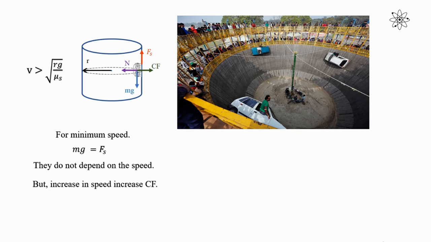But an increase in speed increases centrifugal force. Why only centrifugal force? Because the normal reaction has a fixed value. Only centrifugal force depends upon the speed. It can take any variable value depending upon the speed. Due to the increase in speed, centrifugal force increases and slides the vehicle outwards, which increases the radius of the circular path.